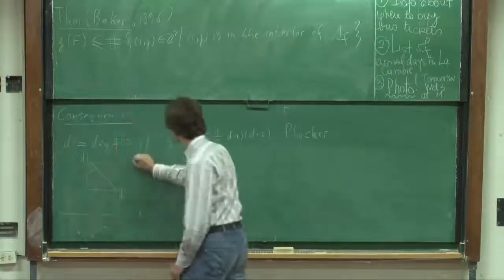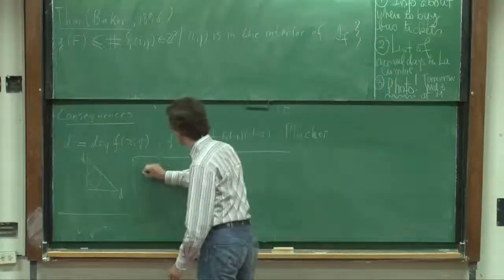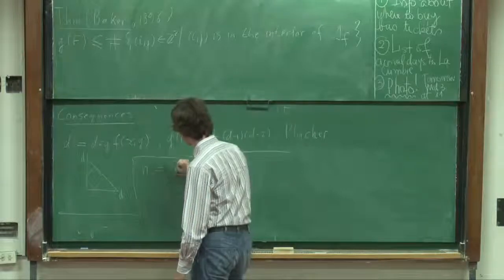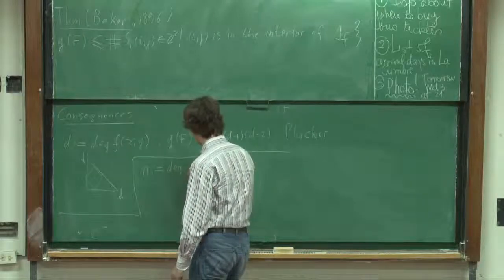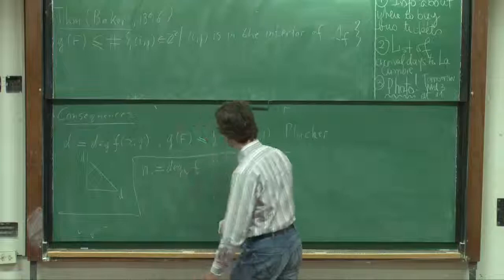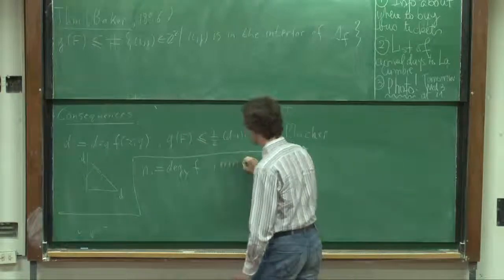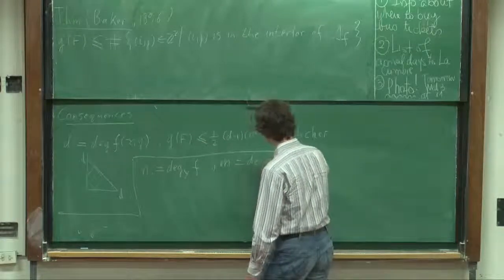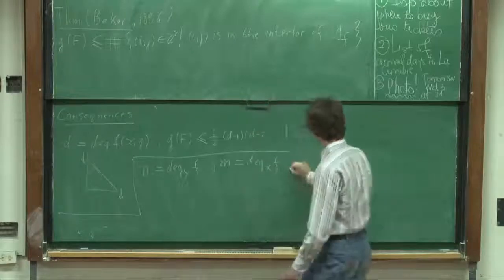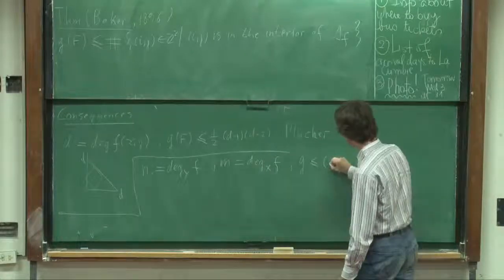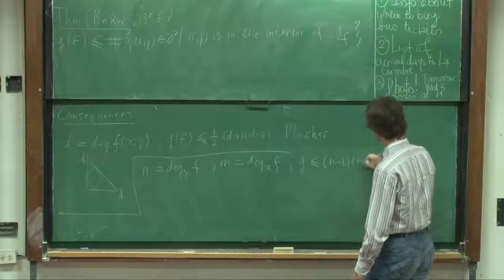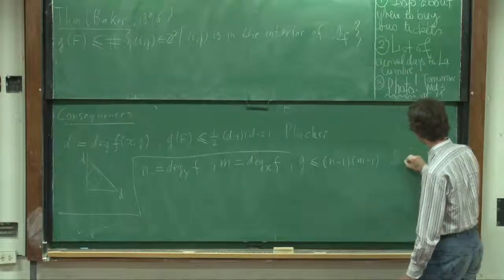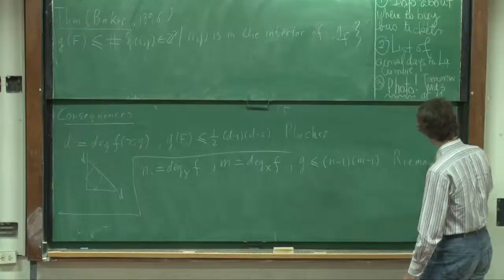And there's another one. If we define the y-degree of f to be n and the x-degree to be m, then it is a result by Riemann that the genus is less than or equal to (n-1)(m-1).